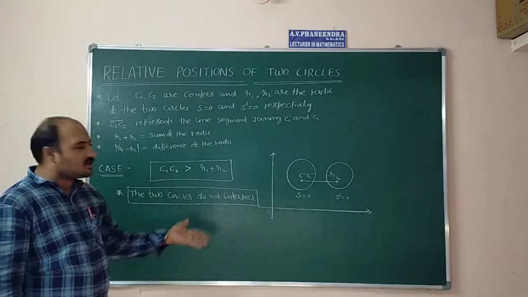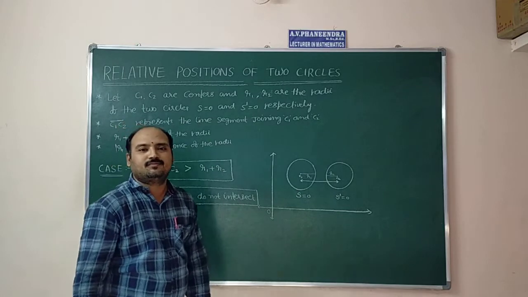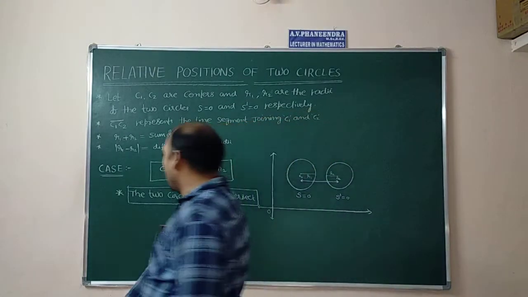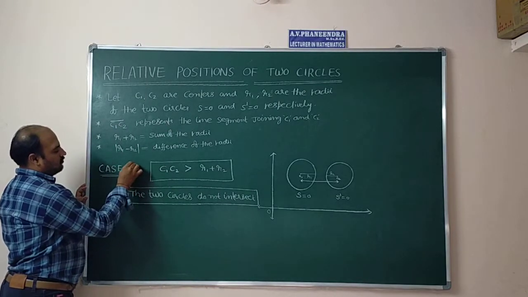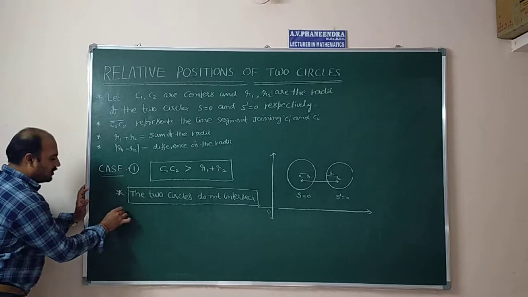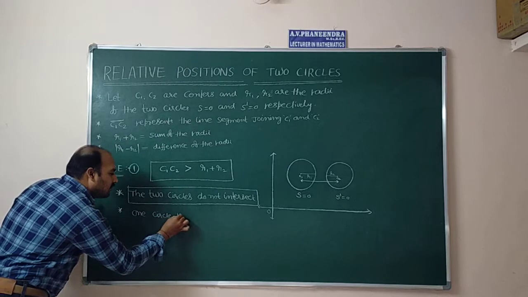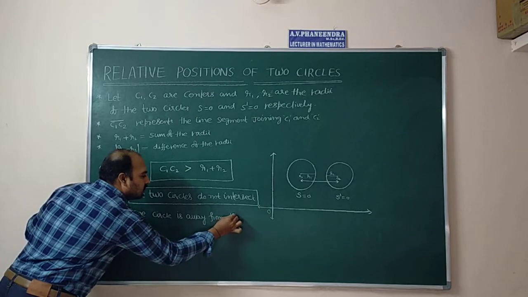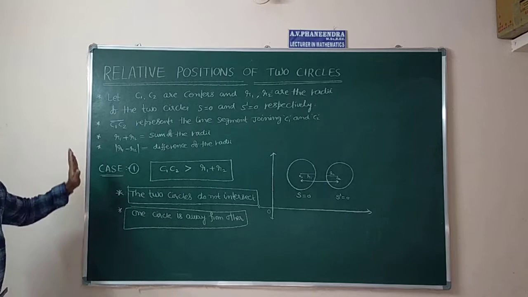Moreover, one circle is away from the other circle. Do not intersect means only that. This is about case 1.